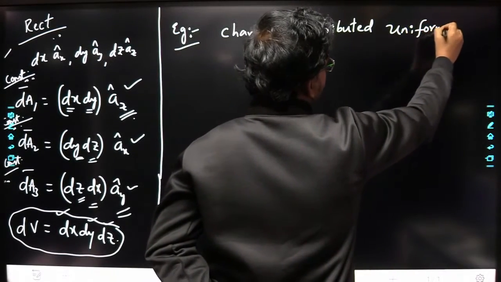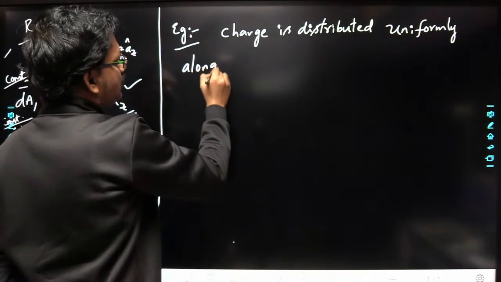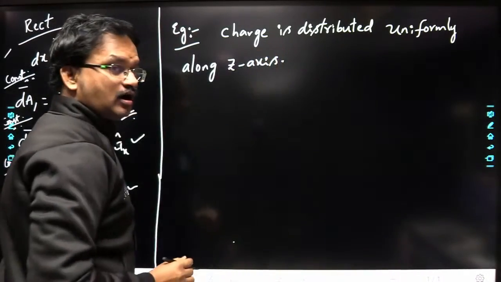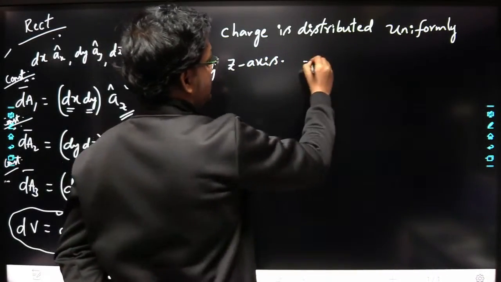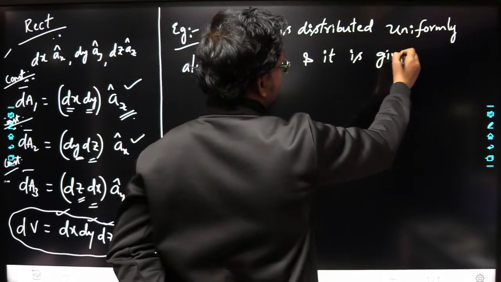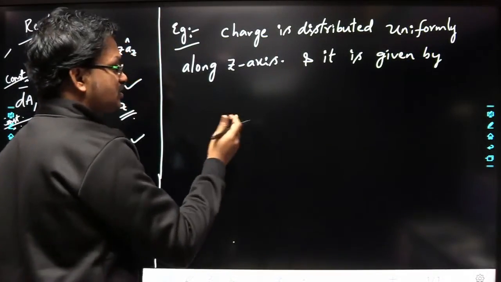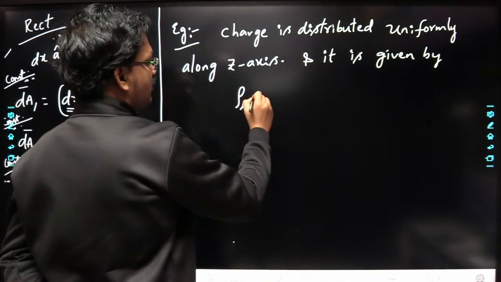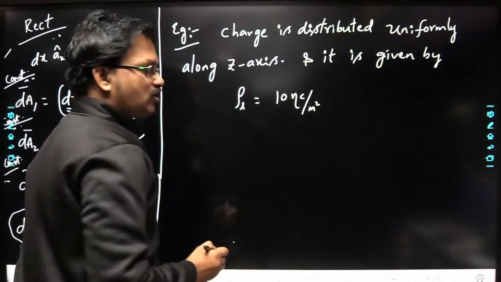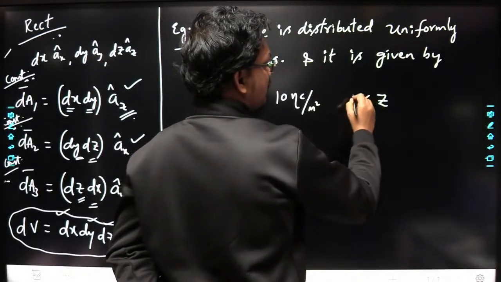Charge is distributed uniformly along the z-axis, and it is given by rho L equal to 10 nanocoulomb per meter for z varying from 1 to 5.